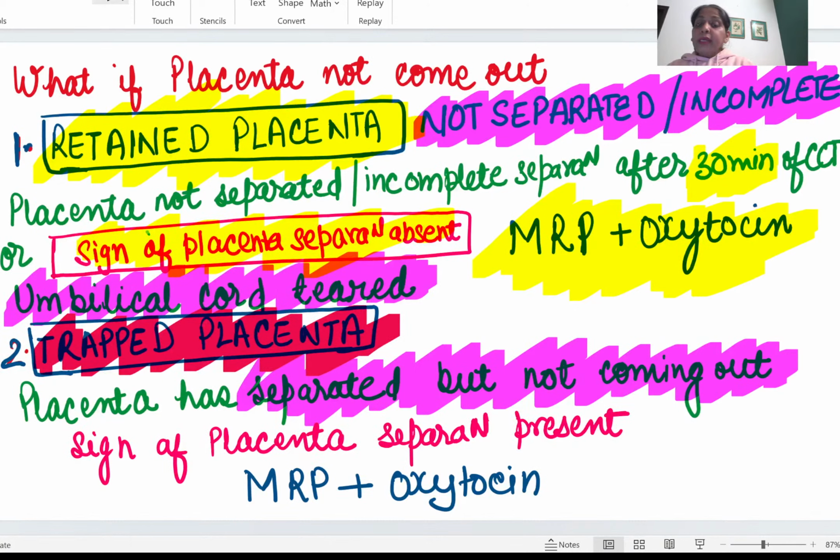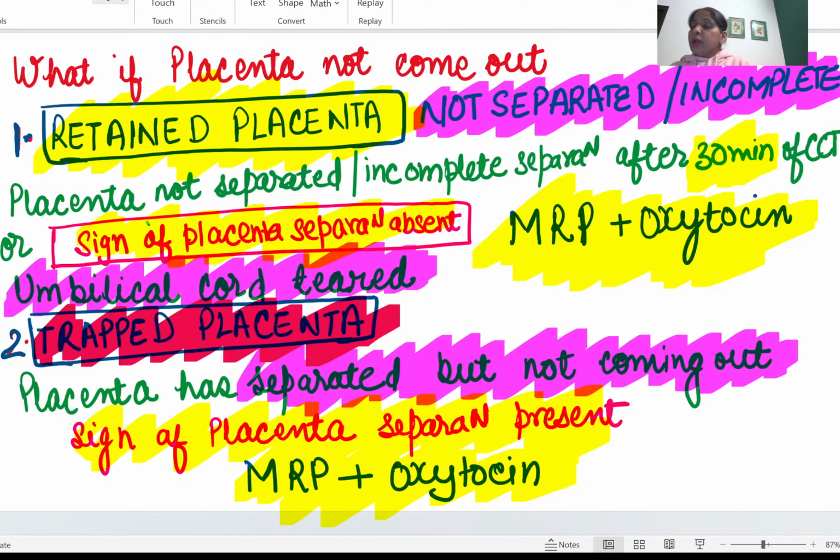Here the signs of placenta separation will be present. The treatment is the same, manual removal of placenta and oxytocin. We have to take out that placenta.